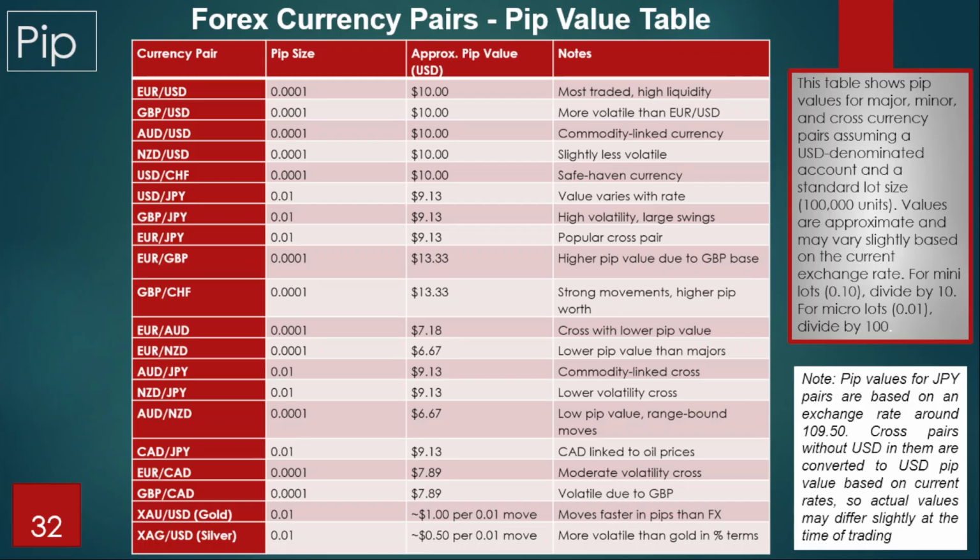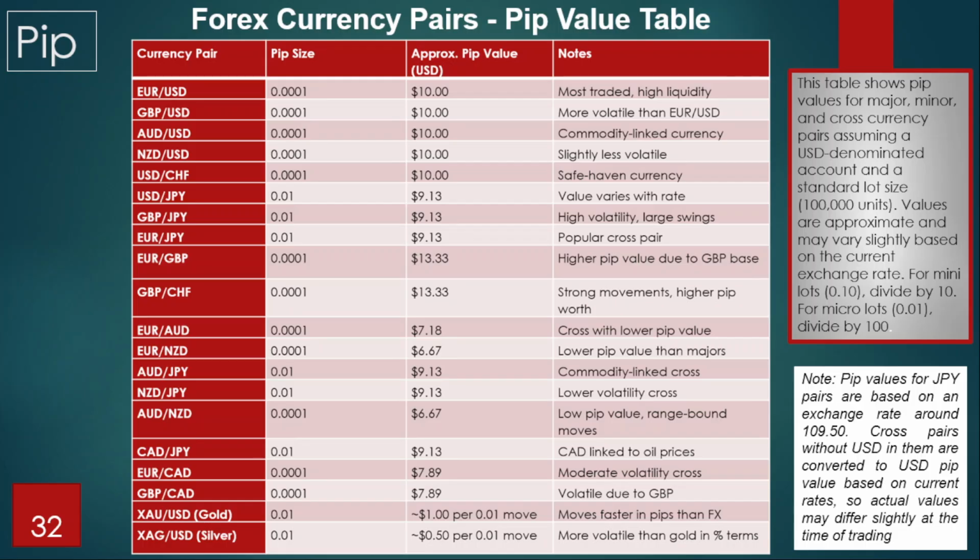For major currency pairs with a standard lot, Euro USD and others would usually cost $10 per pip. One pip is equal to $10 with one standard lot.